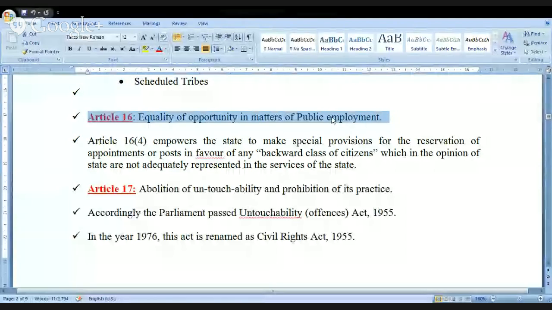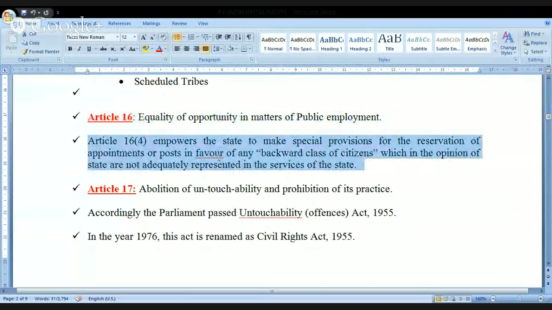This is one. But look at the same article in some other clause, that is Article 16, Clause 4. It empowers the state to make special provisions for the reservation of appointments or posts in favor of any backward class of citizens, which, in the opinion of the state, are not adequately represented in the services of the state.